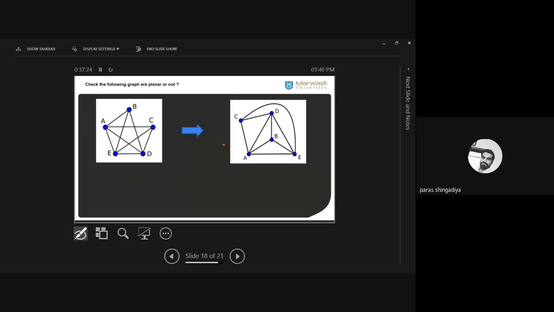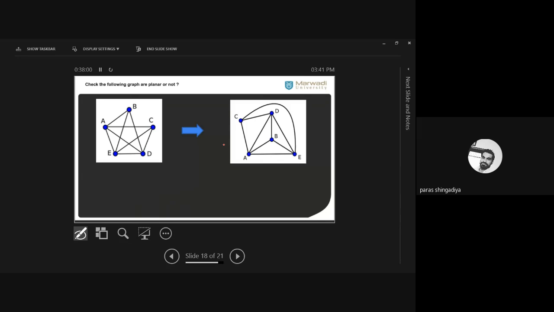And you can see this graph. If I connect B and C, which graph is it? This is K5, and as we know, if I delete one edge, or one vertex, from K5, the rest of the situation will be planar.